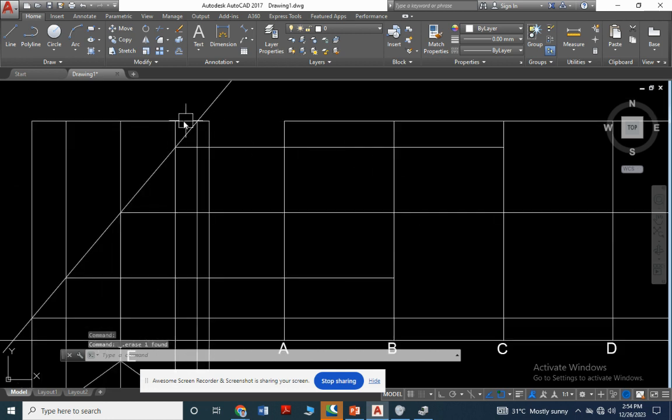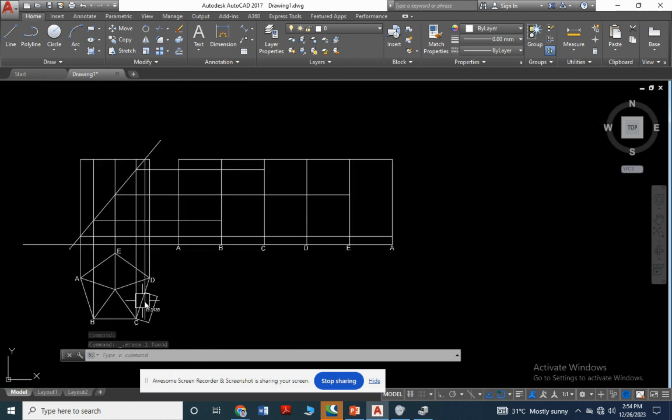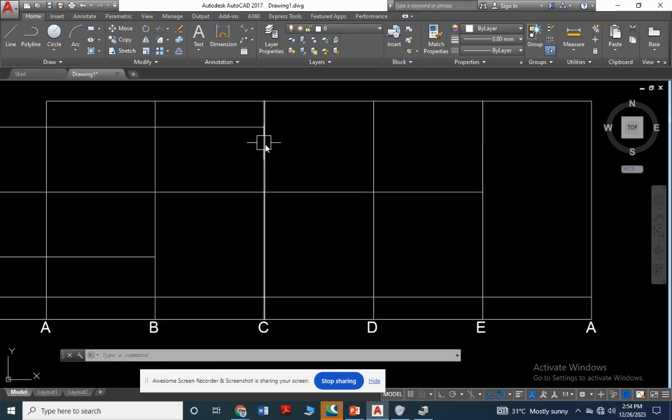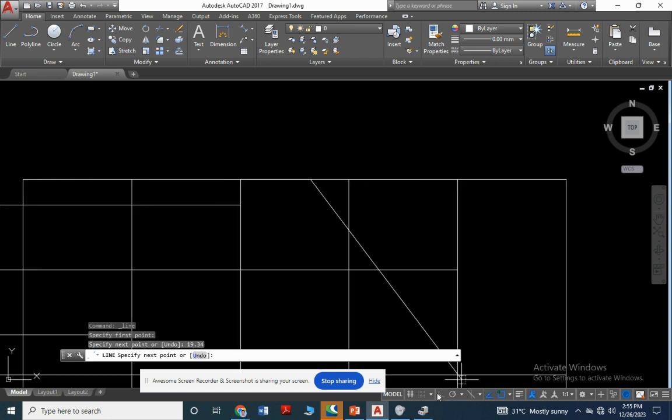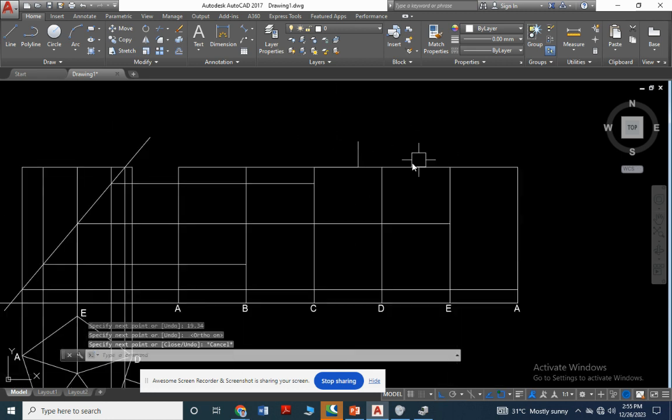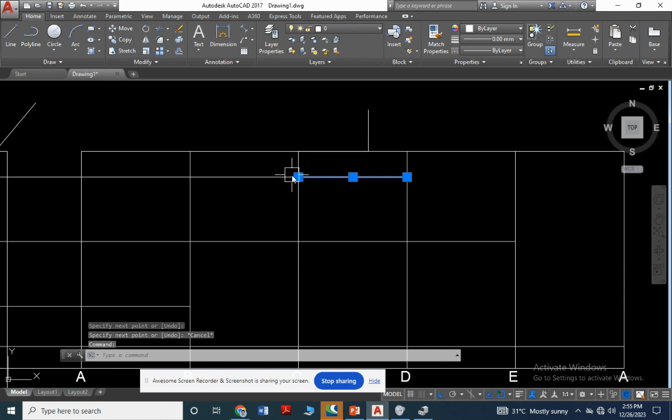From C to D, 19.34, so measure the line 19.34 and draw it. I draw a vertical line for identification. And again, a line from here to here, again D.